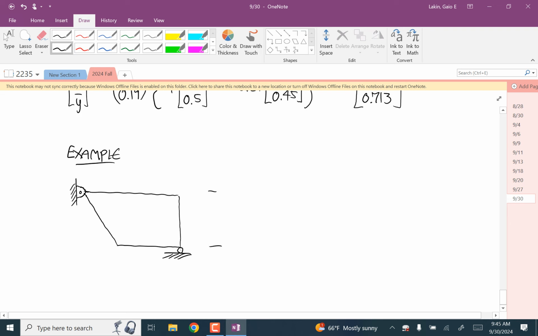Let's say this is 1 meter. This is 1 meter. And this is 0.5 meter. And let's say the mass of this whole thing is 10 kilograms. What are the reaction loads?